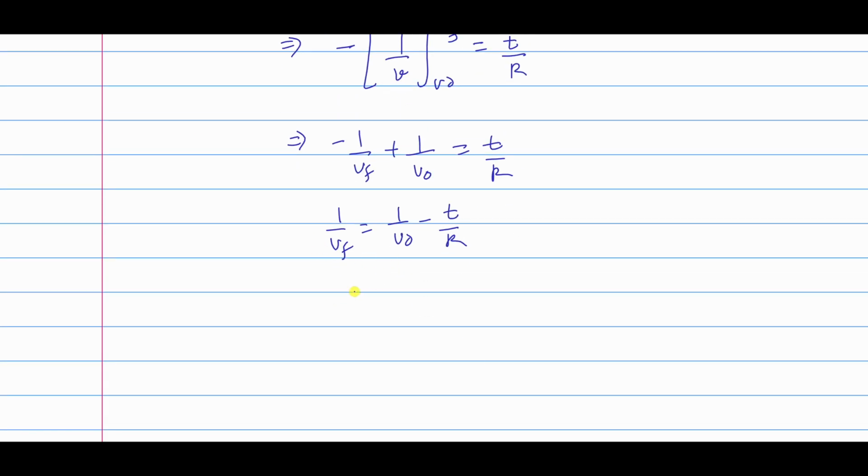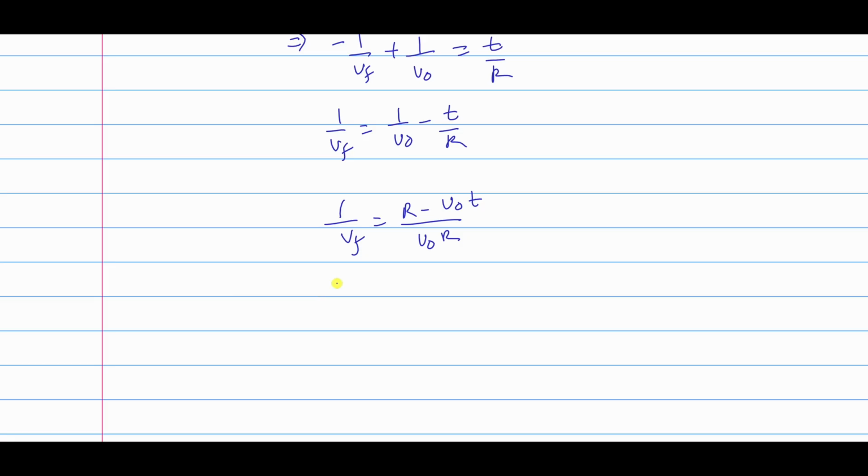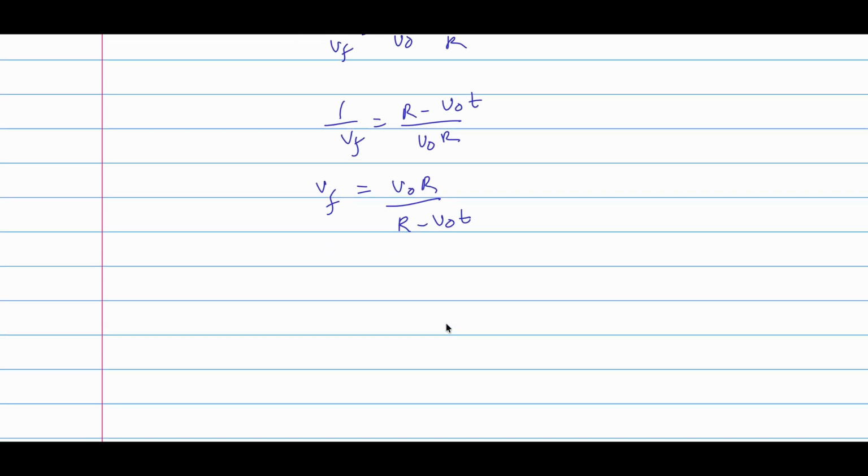So from here, taking LCM, 1 upon v final is equal to (r minus v naught t) upon v naught r. So v final is equal to v naught r upon r minus v naught t.